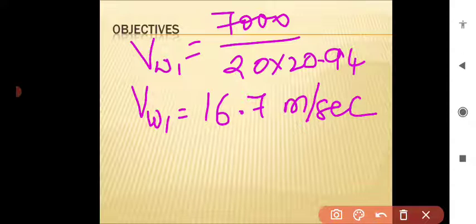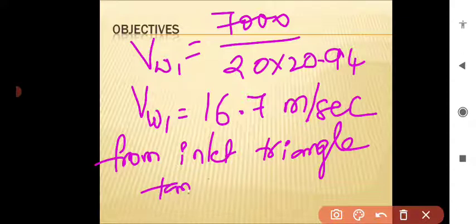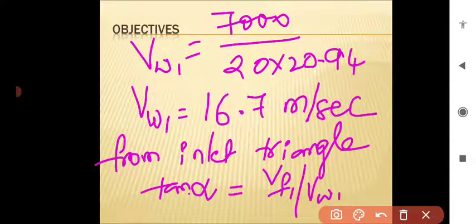From the inlet triangle, tan alpha is equal to Vf1 by Vw1. So we know the Vf1 value and Vw1 value, so finally we will get the alpha value.